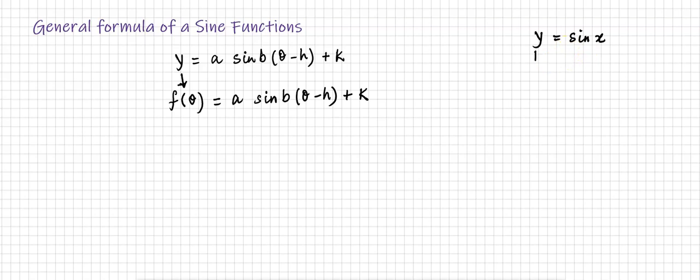One more thing, why we say function of x: because we write y as function of x. So you can write y equals sine of x, or you can write function of x is equal to sine of x. It's the same thing.